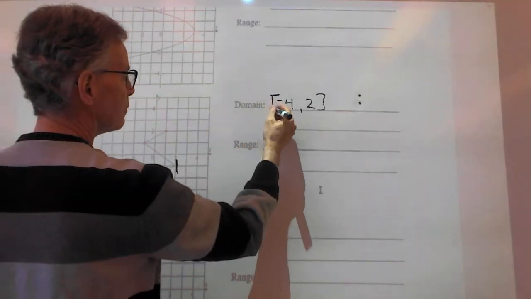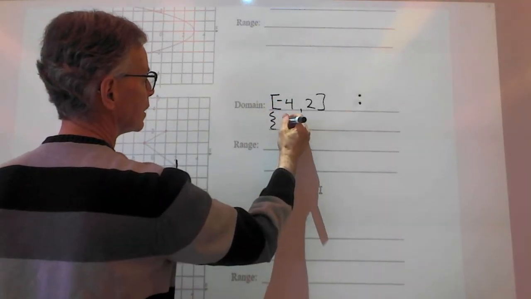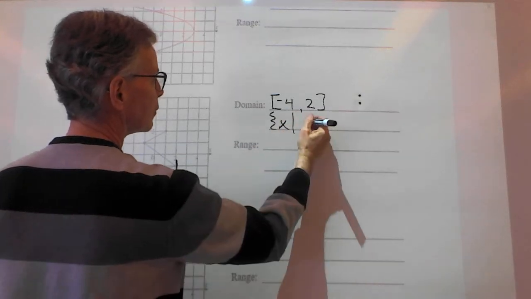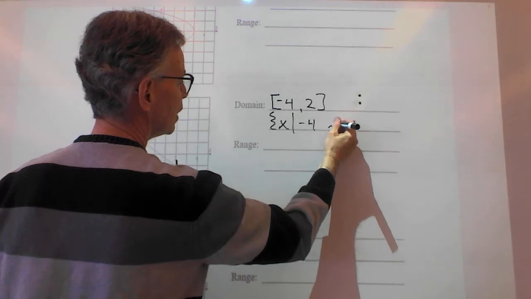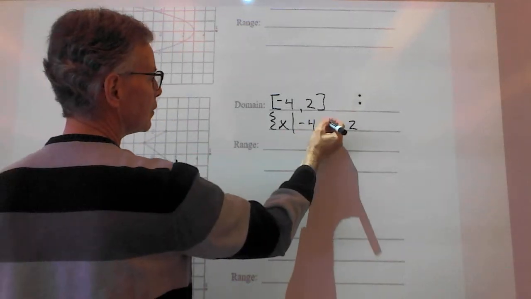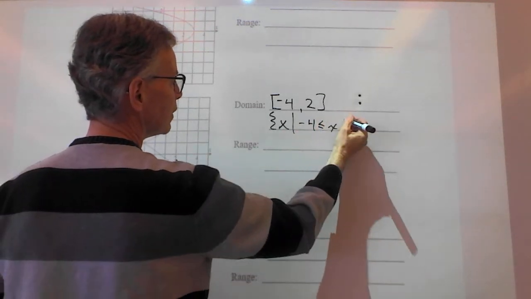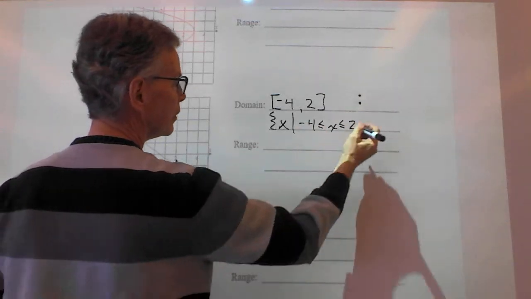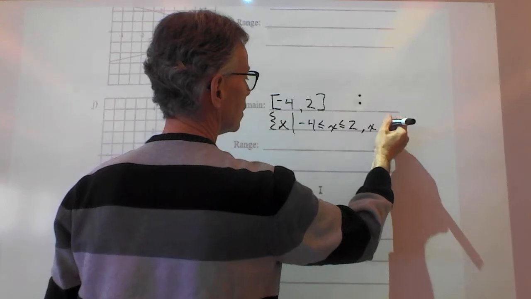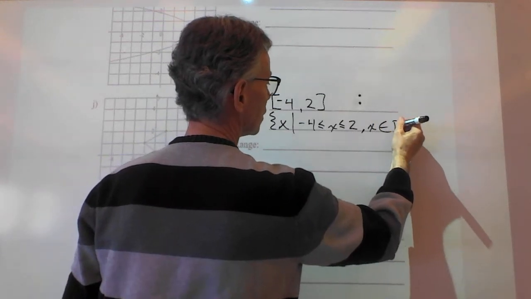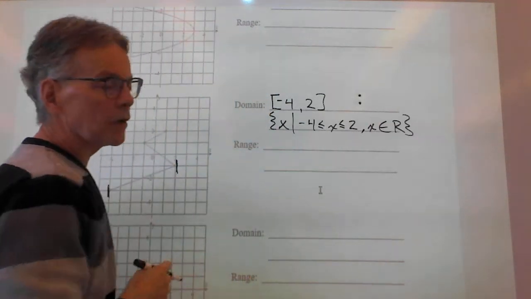Putting that into set builder notation, again, squiggly line, x, such that we have a minimum of -4, a maximum of +2, x is in between those values, greater than or equal to -4, less than or equal to 2, and because we have a solid line, it has to belong to the set of reals.